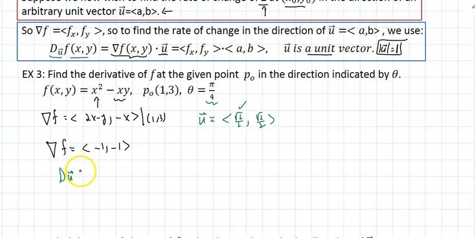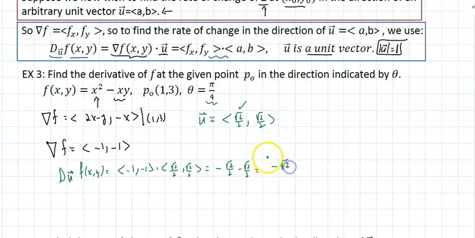In the direction of this vector specifically, that will be negative 1, negative 1 dotted with radical 2 over 2, radical 2 over 2. In this case, I'll get negative radical 2 over 2 minus radical 2 over 2. That's, of course, a dot product. It's a scalar. And I'll get negative radical 2. That would be the rate of change in that direction.